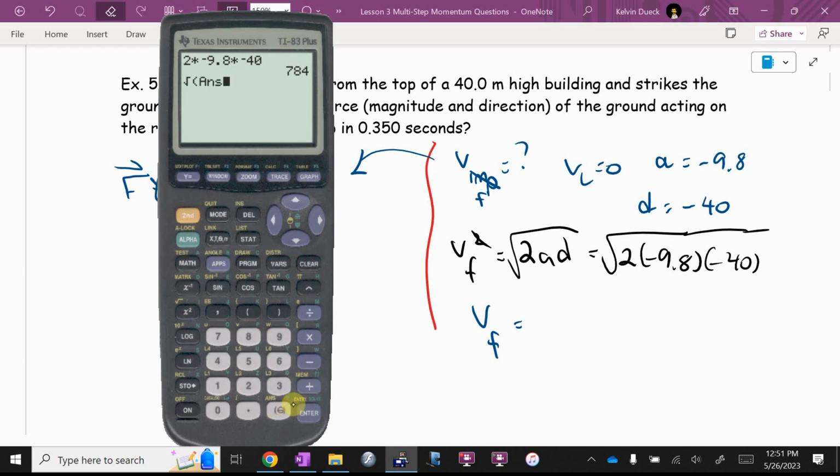This might work out evenly. I got 28, but you said negative. Did you? Why is it negative? You're correct. We have to overrule our calculator this time because our calculator always assumes we want the positive square root, which most of the time we do. Not this time.